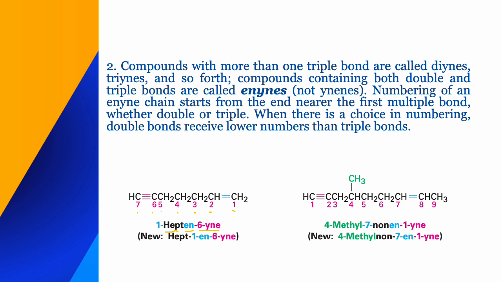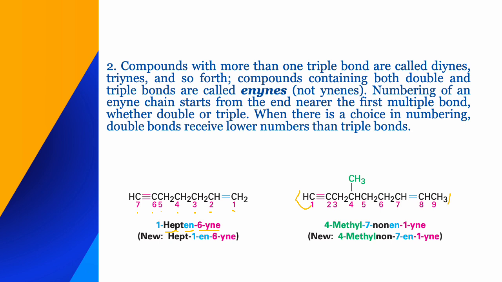So as mentioned in the rule, numbering of an enyne chain starts from the end nearer the first multiple bond. So in this case, the first multiple bond occurs, if we are going to use this area, in carbon 1, but if we are going to use this area, that is carbon 2. So we would prefer assigning numbers from left to right.